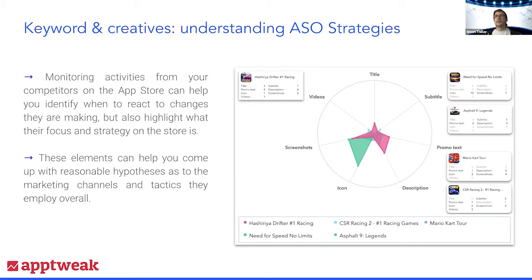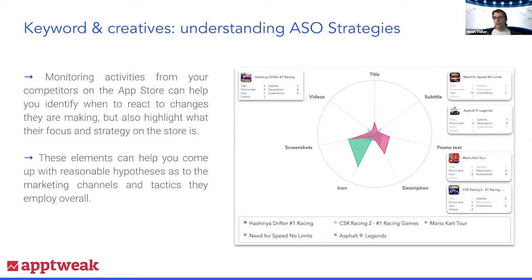And so when we compare to Hashiraya Drifter, which was the game I started with, what you can see is that Hashiraya Drifter has been more active than most of its competitors in pretty much every field. The one I took the most interest in was the promo text, because the promo text does not serve keyword optimization.